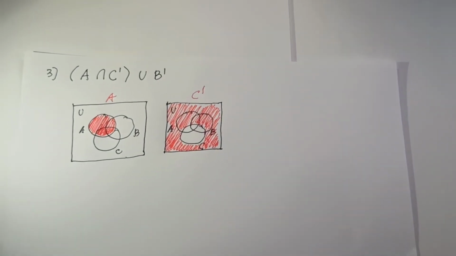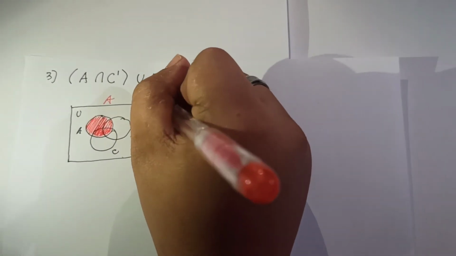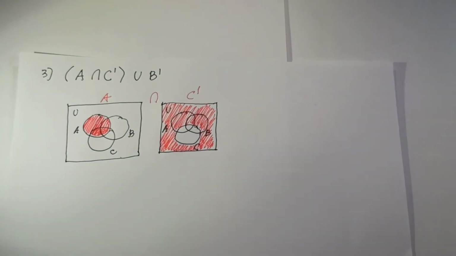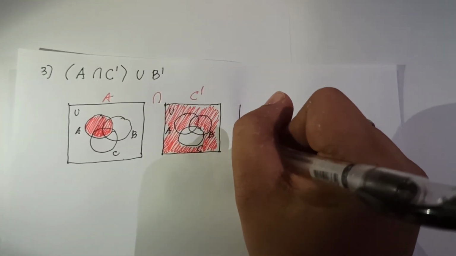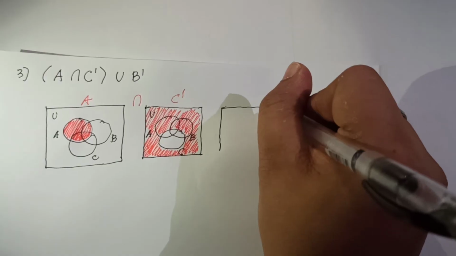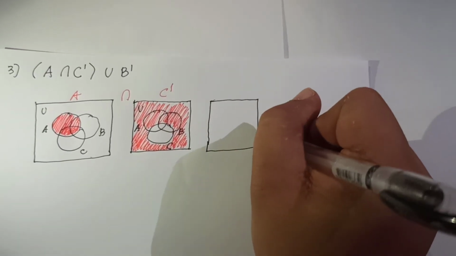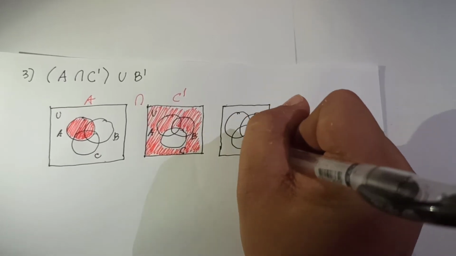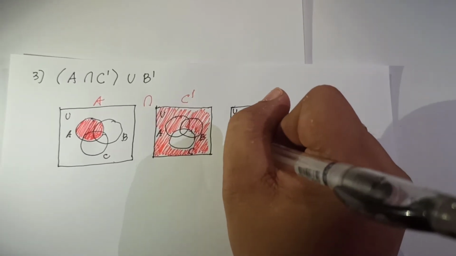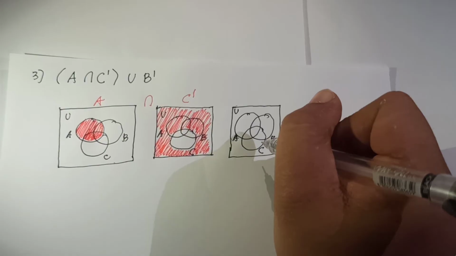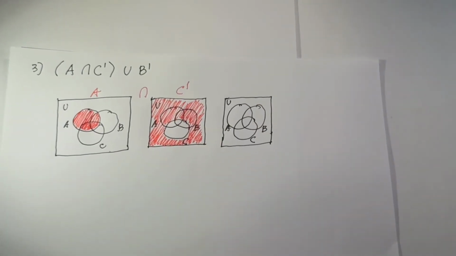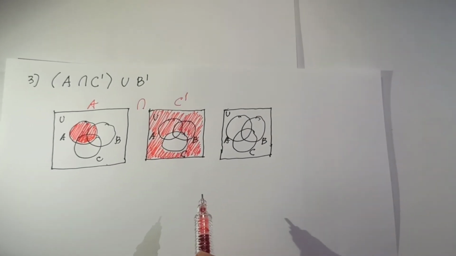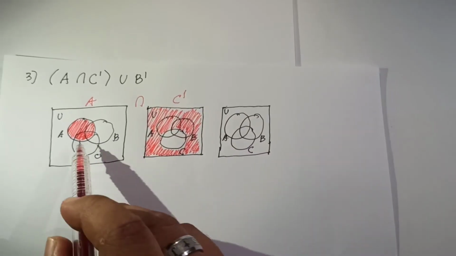Next, we have the intersection. So, need to get the intersection first. Okay. So, if we're going to try to look at the intersection is this part.